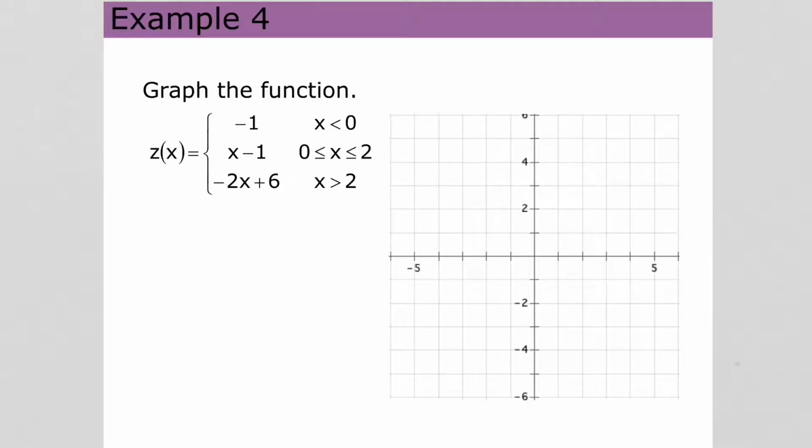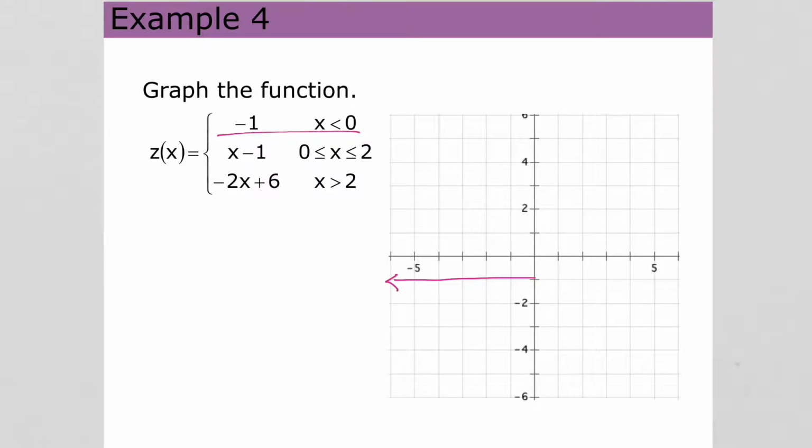And then we'll graph this function. So the first is y equals negative 1. Looks like this. It says y equals negative 1 is defined where x is less than 0. So we're going to erase everything greater than 0 and only leave where x is less than 0.